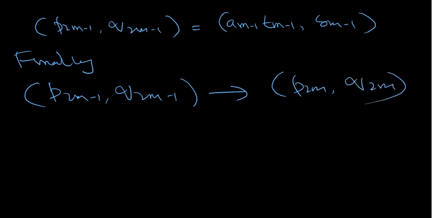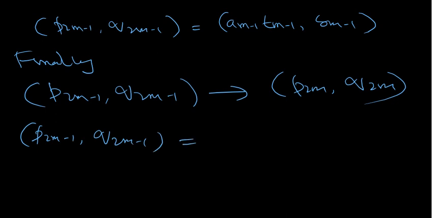That's the R2m minus 1 transition. P1 Q1 to P2 Q2 is the first transition, P2 Q2 to P3 Q3 is the second transition. So this will be the last transition, the 2m minus 1 transition, where P2m minus 1 Q2m minus 1 goes to P2m Q2m. In that case it's a right move.